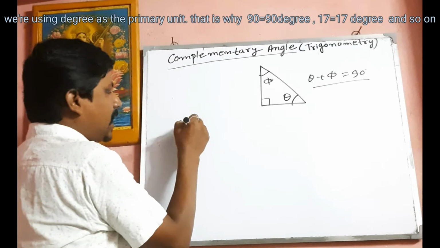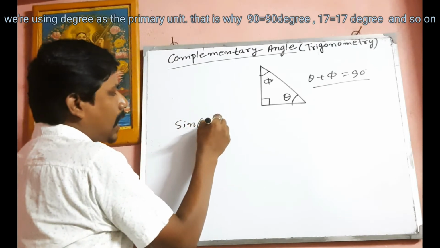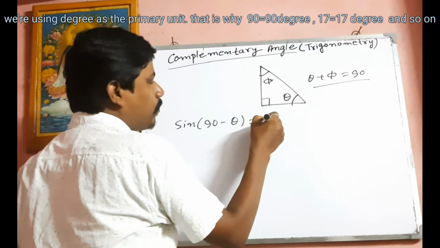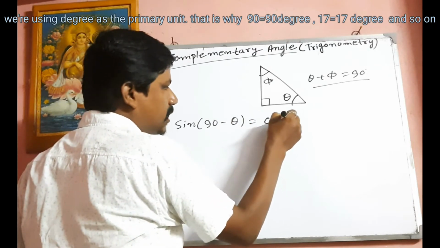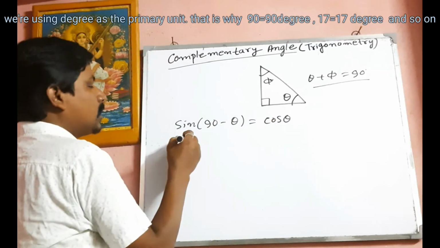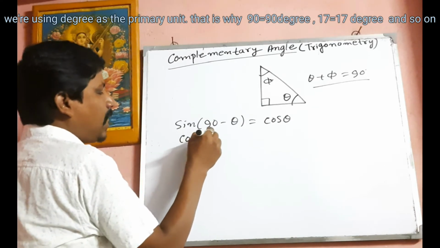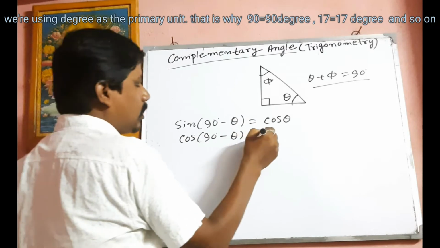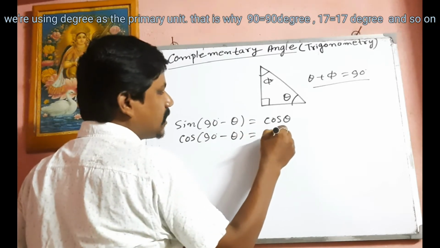So sin of 90 minus theta will be cos theta. Cos of 90 degrees minus theta will be sin theta.